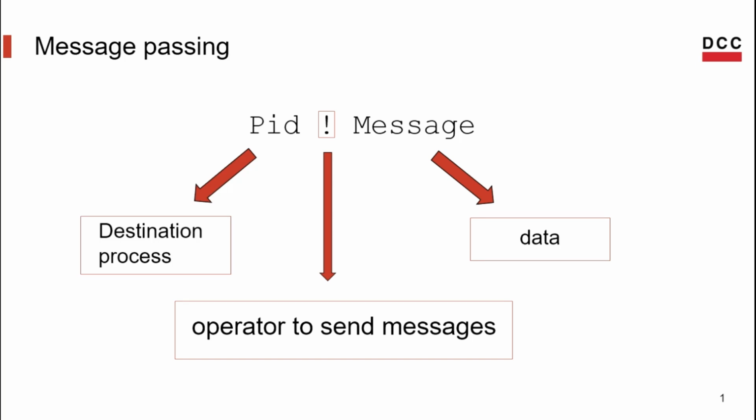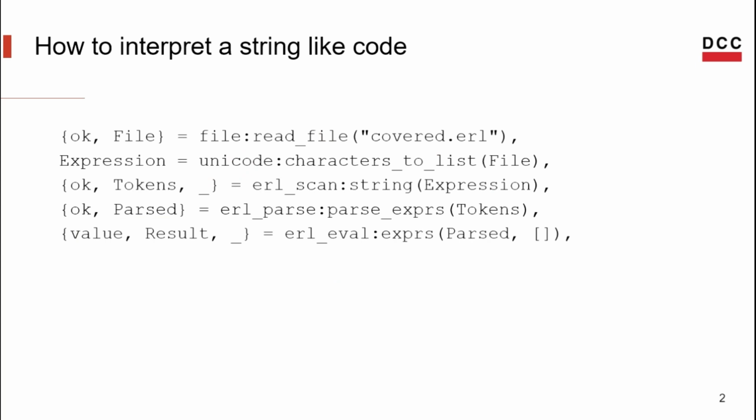Coming back to our main goal, we are trying to make this coverage tool. So we need to take a piece of code and interpret it somehow. The way we are doing it is dealing with this piece of code that will come in a file as a string and then converting it. We rely on the Erlang programming language to do so.